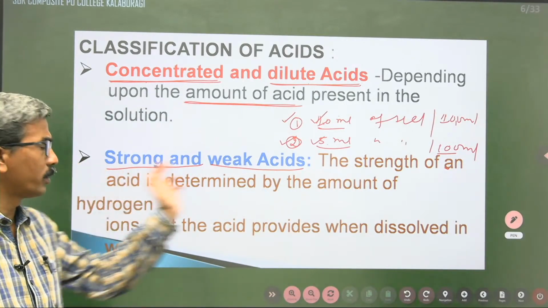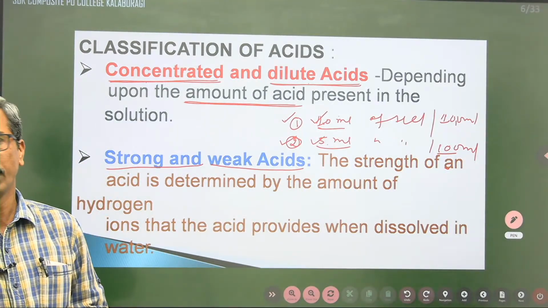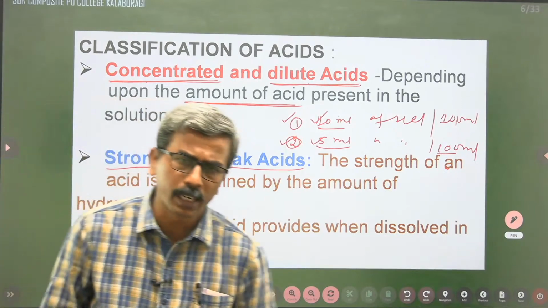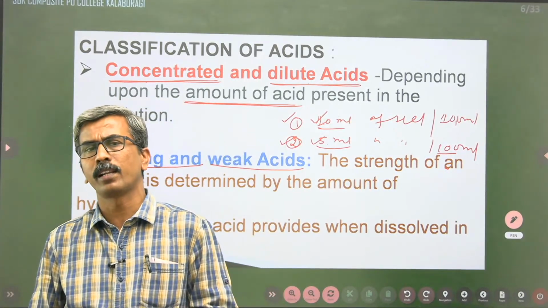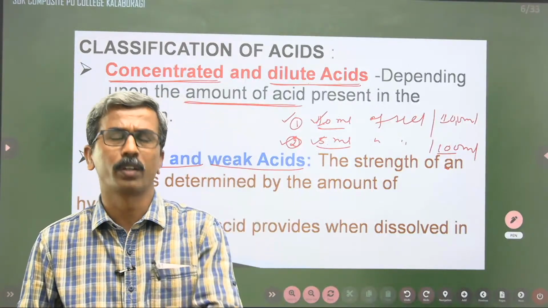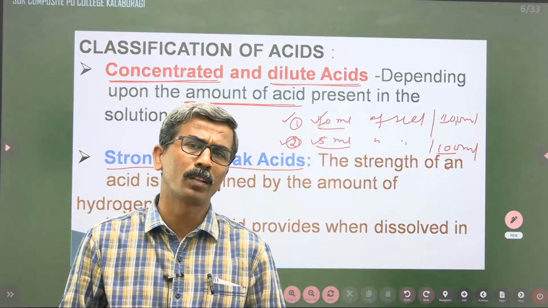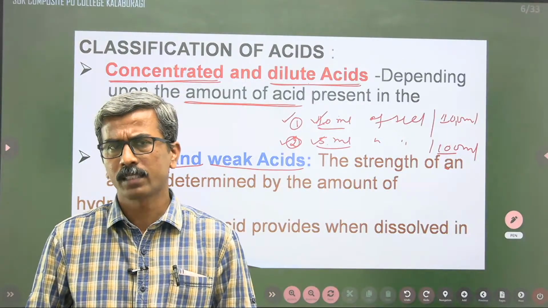Suppose you take that particular acid and check how many hydrogen ions it gives, because I have already said, according to Arrhenius, when you take an acid and dissolve it in water, it is going to produce H plus ions. Those substances we call acids.